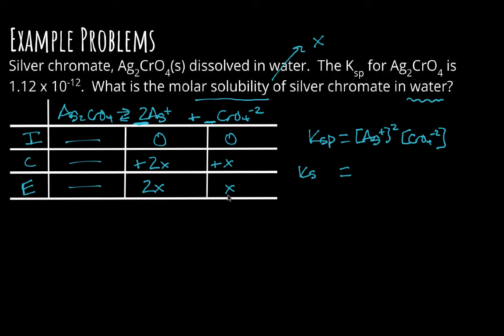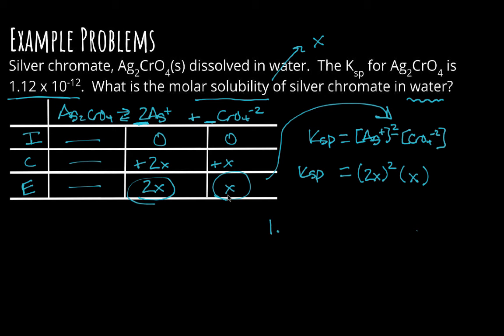So then over here, I can plug those values that are at equilibrium into this expression. The Ag+ was 2x, and that's raised to the second power. And then CrO4 2- is x. The KSP is given up here, so I'm going to sub that in. So that is equal to 4x squared times x.